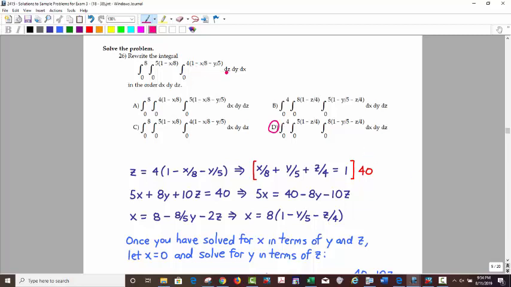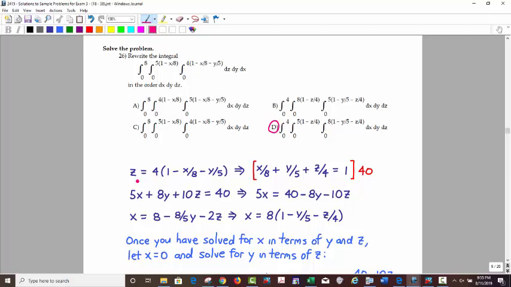Since we know that z is going from 0 to this value right here, 4 times all that, we know that z goes up to this value. So what we can do is take this equation and solve it. It's technically a plane equation, but I want to get everything back in the basic form where it's just x, y, and z equals a number.